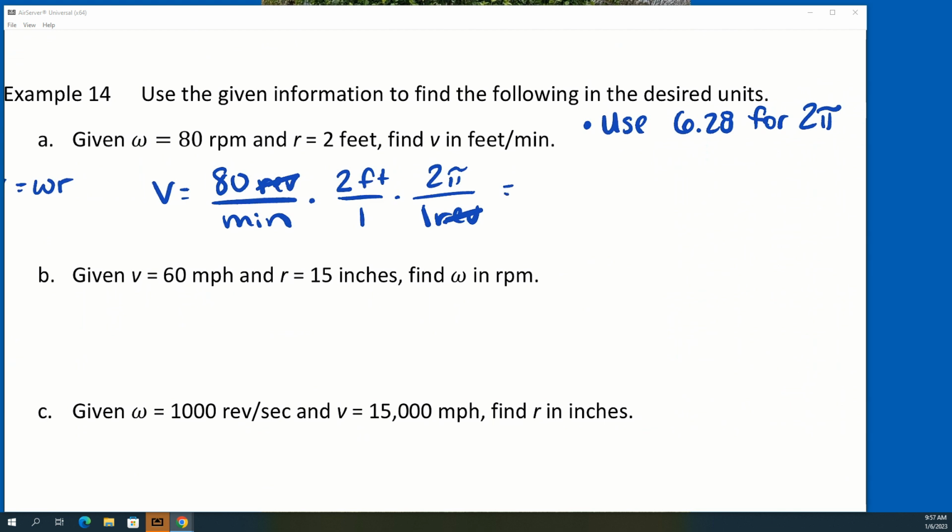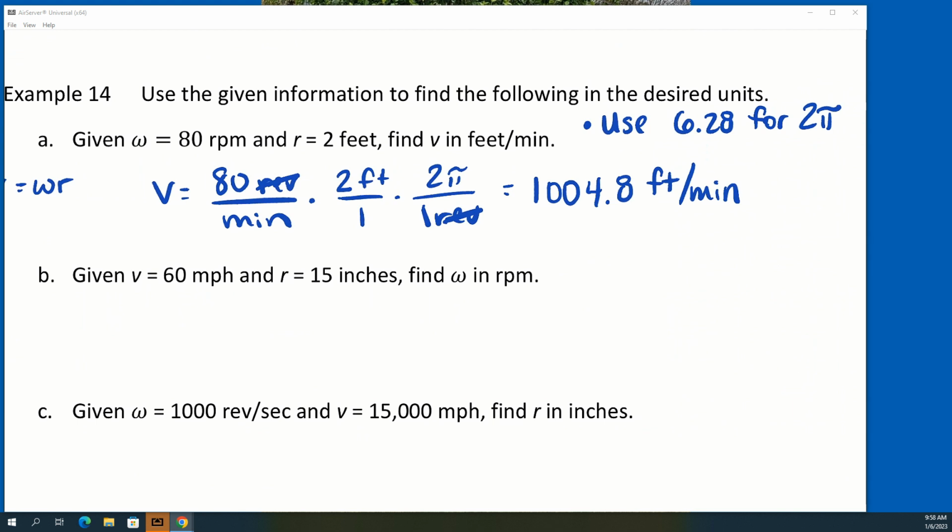It's just going to be 80 times 2 times 6.28. And make sure on all of your answers you write the units. All right. Any questions so far?